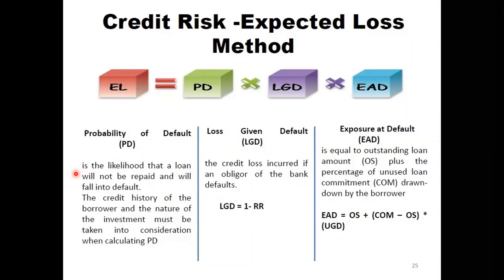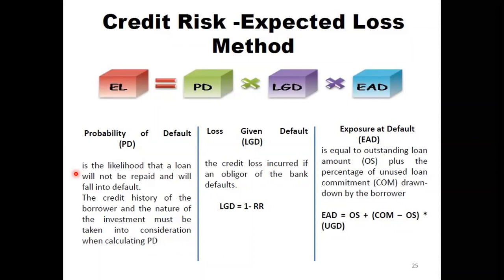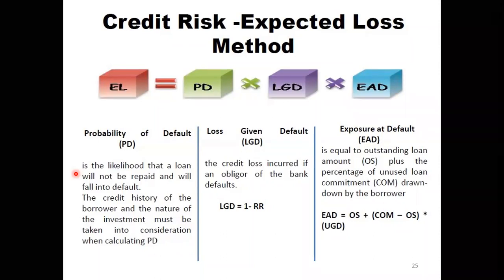Before bankers grant a loan to a particular customer, they assess the creditworthiness of the borrower and the nature of their business. If the project is high risk, then the chance of default is high. So that is PD.